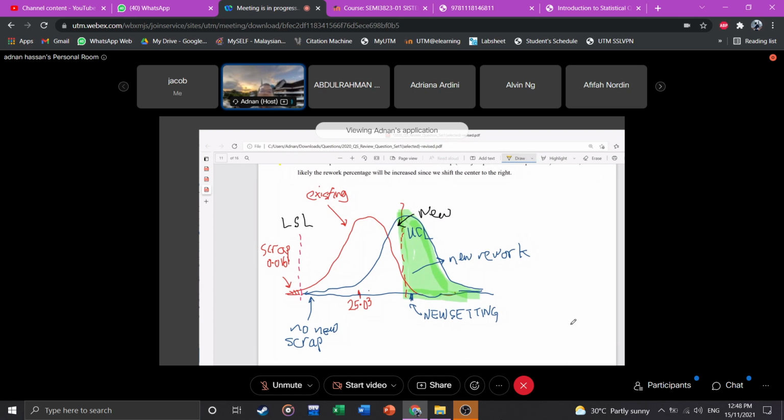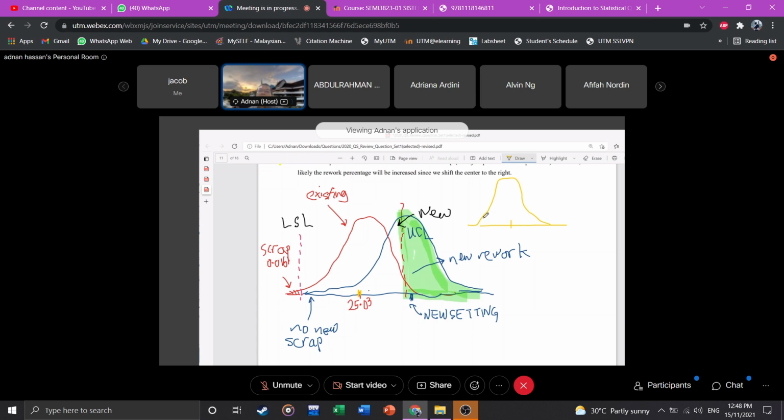Now we see that this is the center, but this center produces some scrap and also rework. Let me draw again. Currently the centering is there.